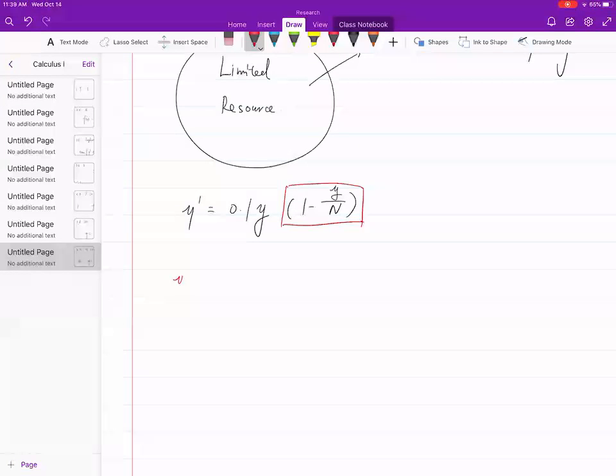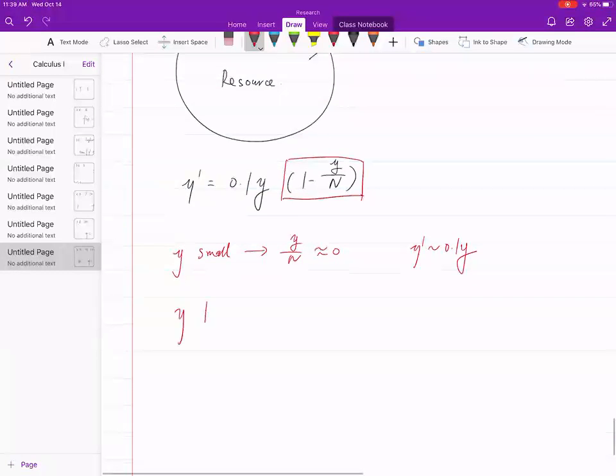At first, when y is small, which means y over N is almost 0, then your y prime is roughly this. Exponential growth. You just grow as if there is no limitation because your population is so small. You don't even feel the pressure from nature. Sounds good?